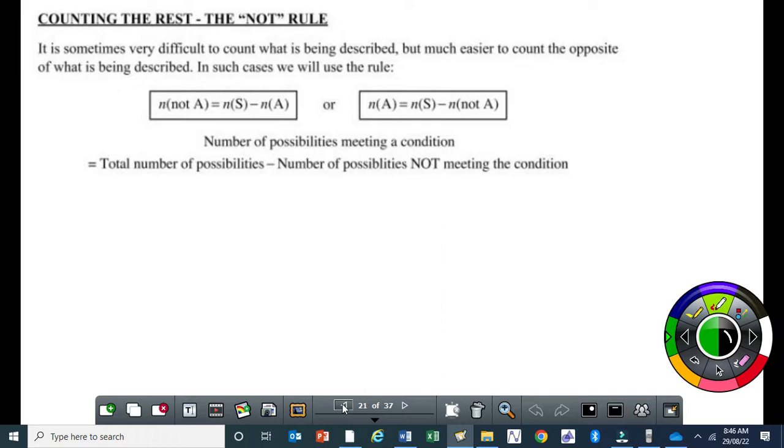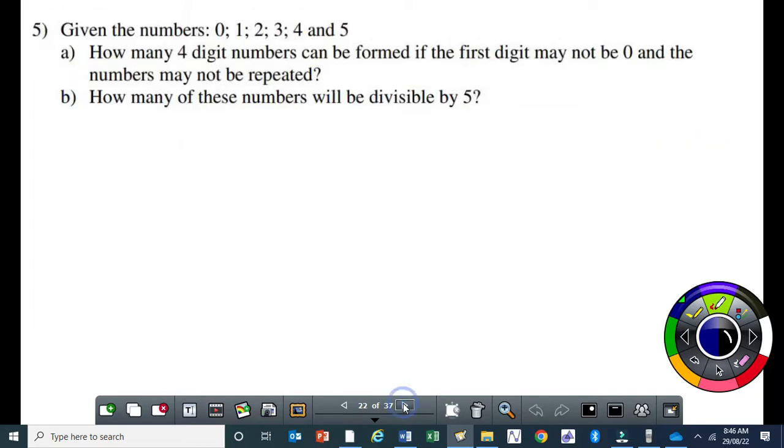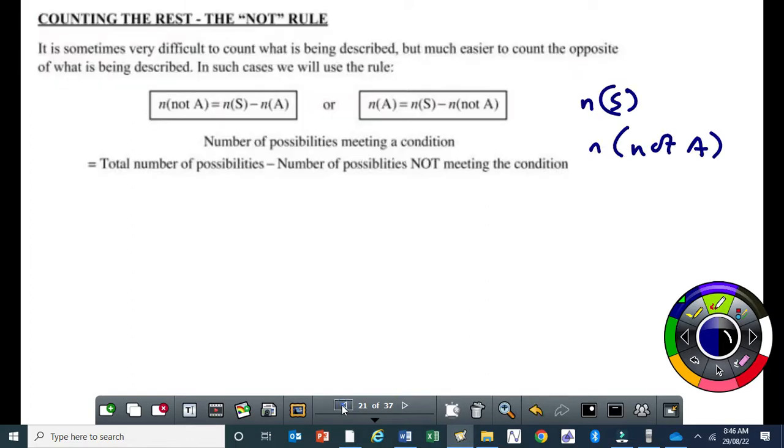Sometimes you might need to determine your total in the sample space, then determine what's not described. If something is not described, then you say it's N not A. In that case, it can be easier. So we determine the total in the sample space, and then we find what's not described in the question, then do a subtraction.